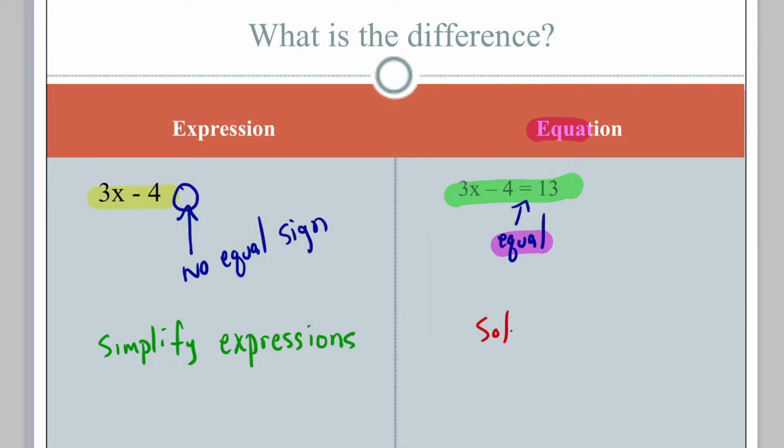Whereas with an equation, we can now solve equations because we have an equal. We set it equal to something. So in this case, we could solve for the variable x. So the difference between an expression and an equation is the equal sign, denoting that we simplify expressions, solve equations.